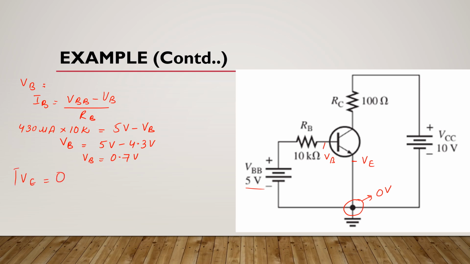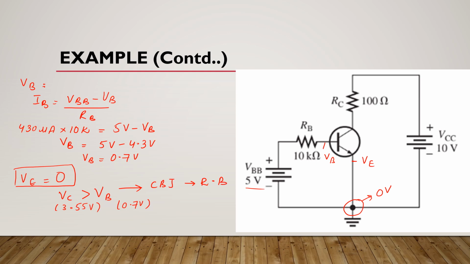Okay, now if we look at our answers, VC is greater than VB because this VC was found to be 3.55 volts and this VB is 0.7 volts. It means the collector base junction is reverse biased here.